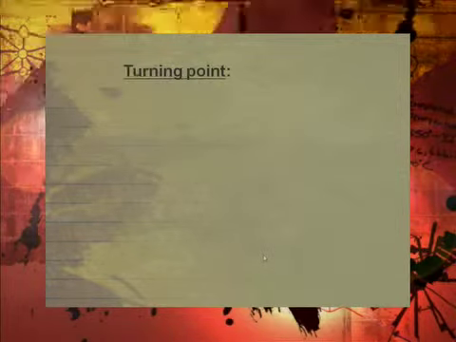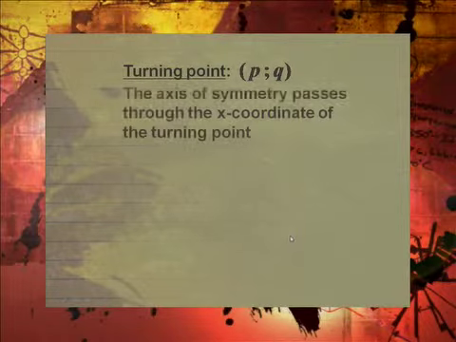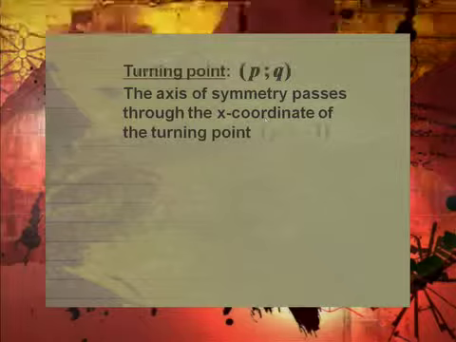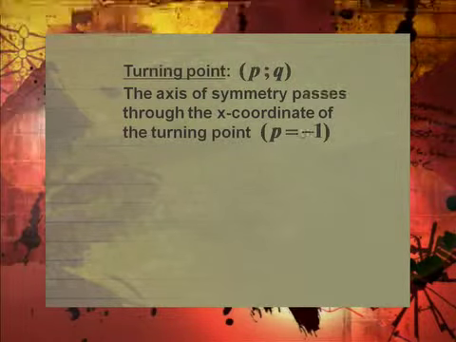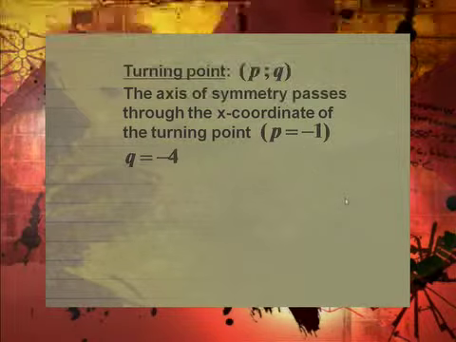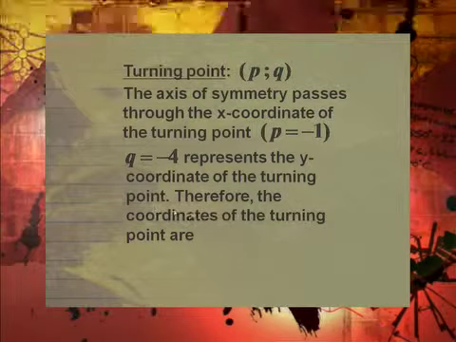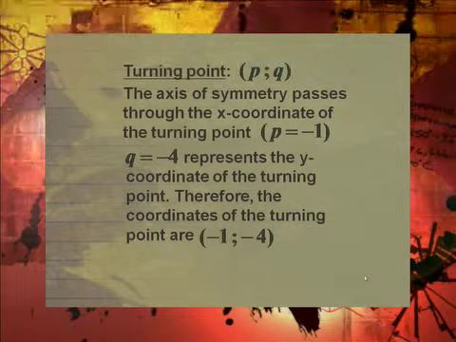But now watch this. This is important. We always do that. We get our axis of symmetry. Now the turning point looks like this. The axis of symmetry passes through the x coordinate of the turning point. So the p is going to be minus 1. And then the q is negative 4, which represents the y coordinate of the turning point. Therefore, the coordinates of the turning point are (-1, -4).